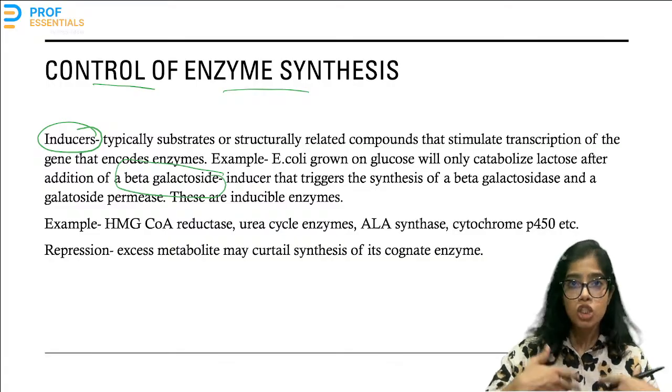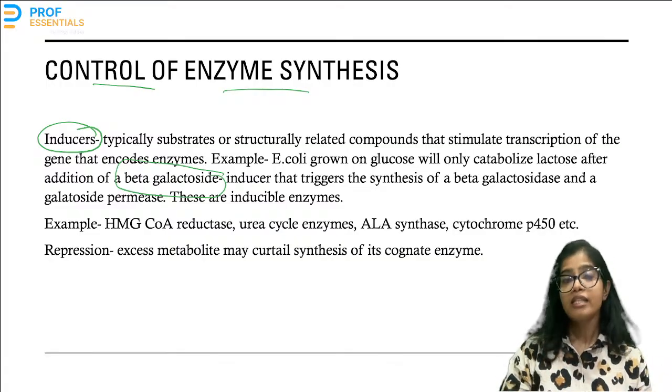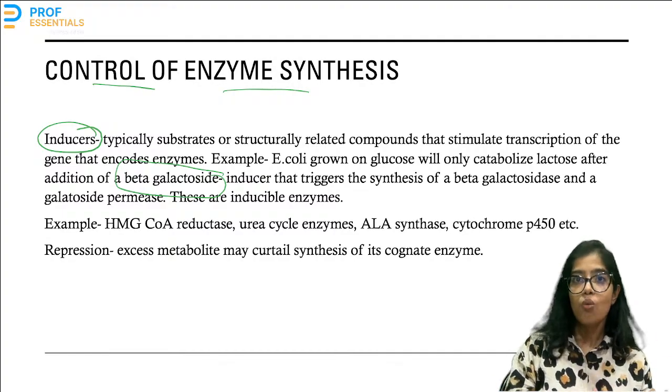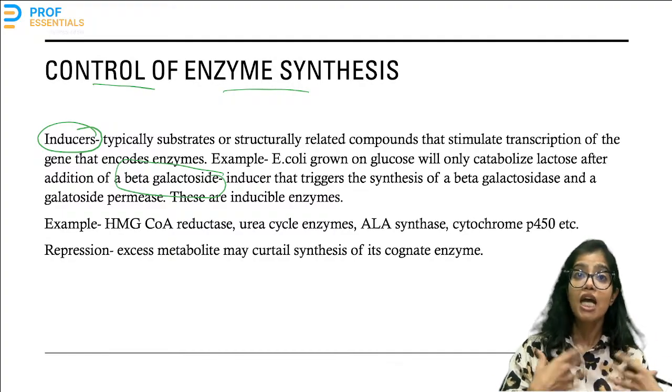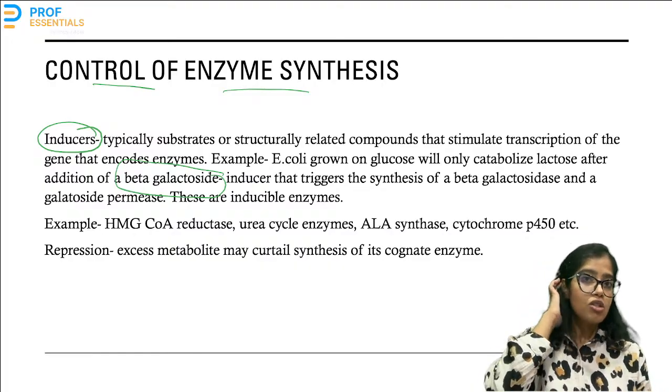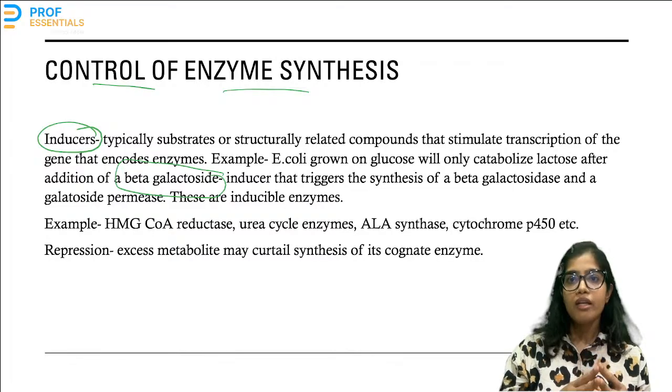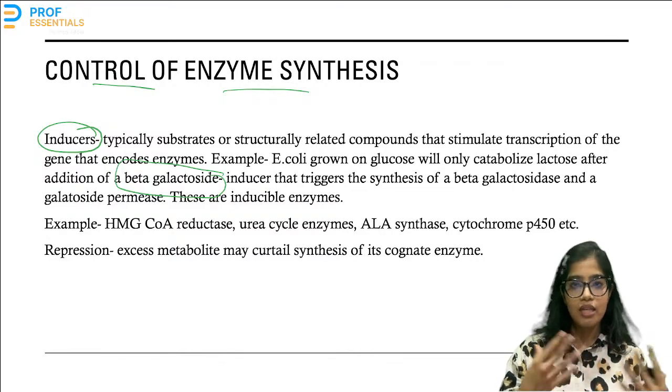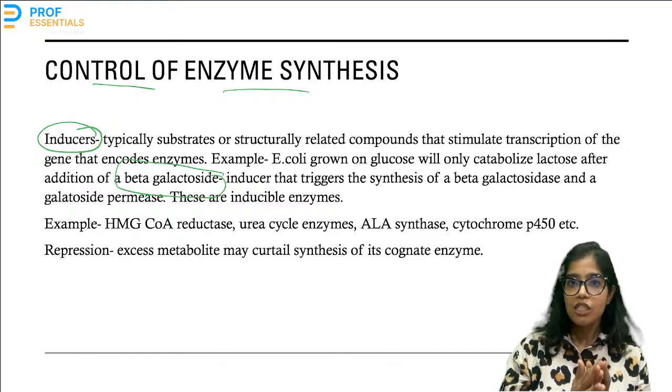That means it stimulates the transcription of genes required for the enzyme to get produced. The enzyme for breakdown of lactose is beta galactosidase, and that gets produced only in the presence of the inducer.